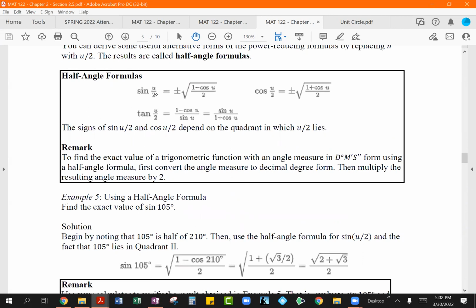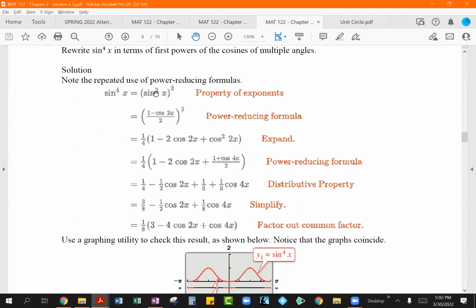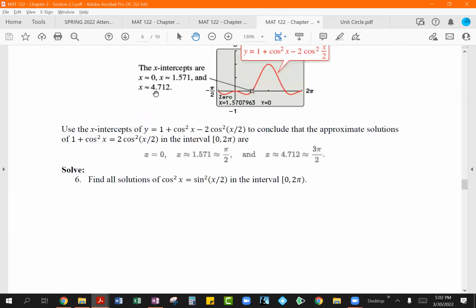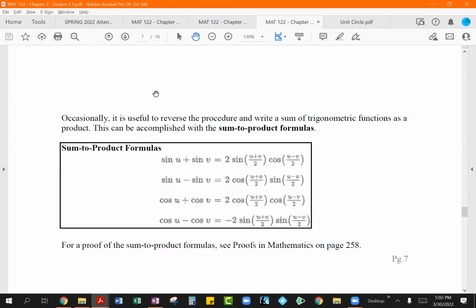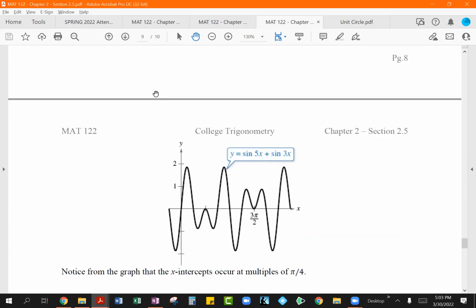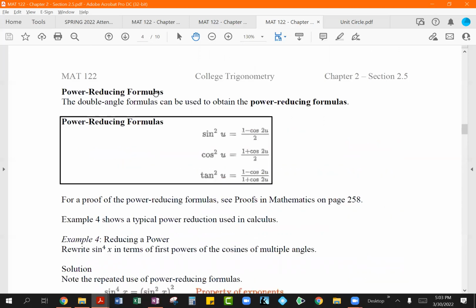Now we're giving them specific names, double angle formulas or half angle formulas. We also have a power reducing formula in here. There's one more. Yeah, and then we have these product to sum and sum to product formulas. So just different types of formulas and how you can use them to simplify these expressions.